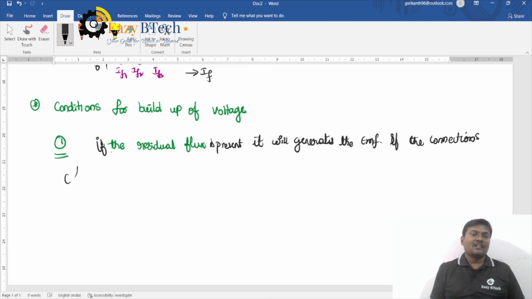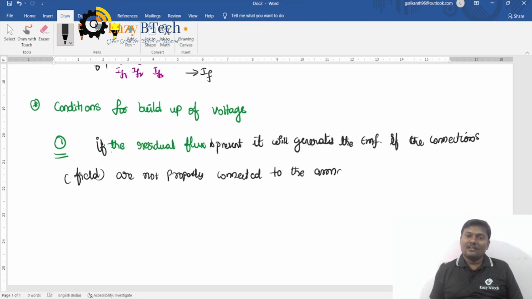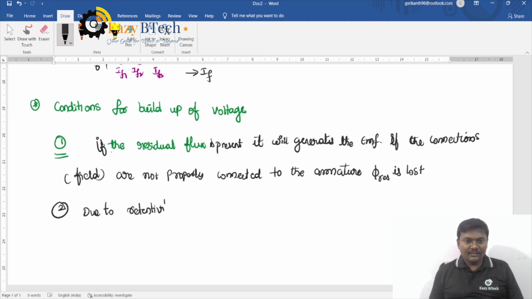If the field connections are not properly connected to the armature, the residual flux is lost due to the retentivity property.